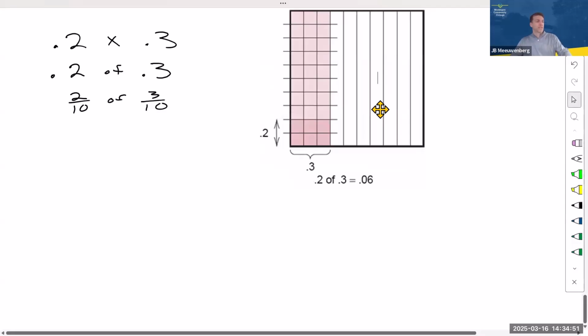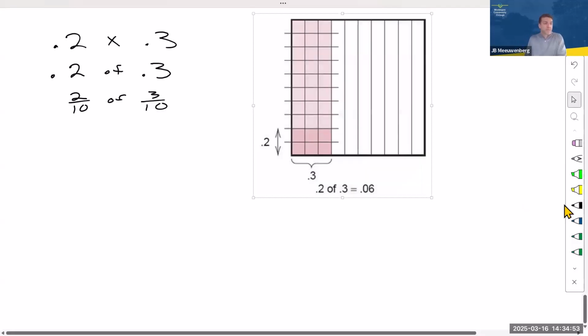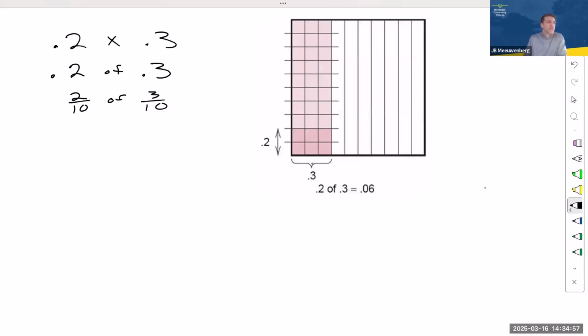What we'll see across the bottom here is our 3/10. 3/10 would be these 3 vertical columns, each column representing 1/10. And then horizontally, we are taking 2/10 of those. So each one of these horizontal columns is representing 2/10.